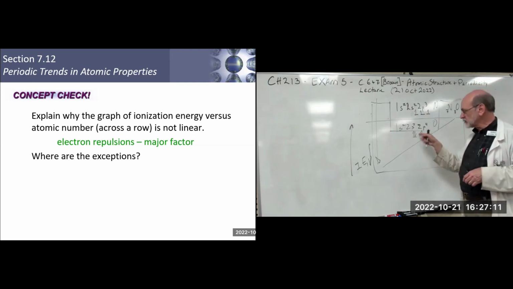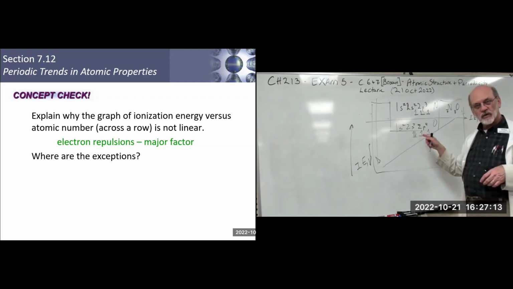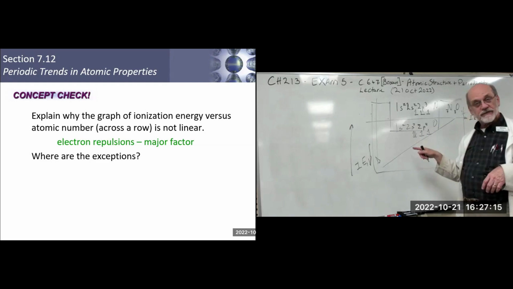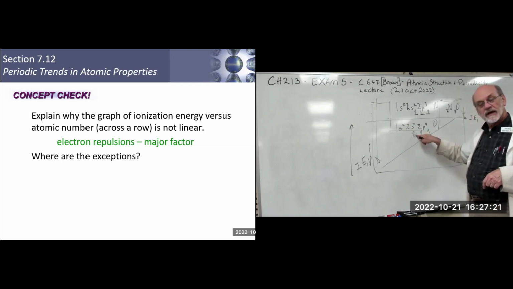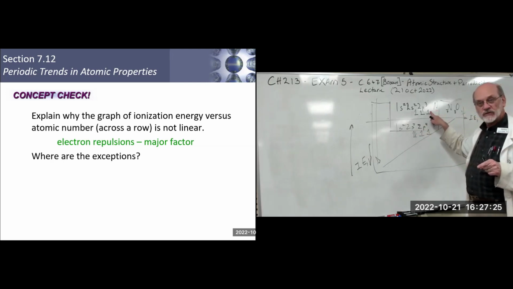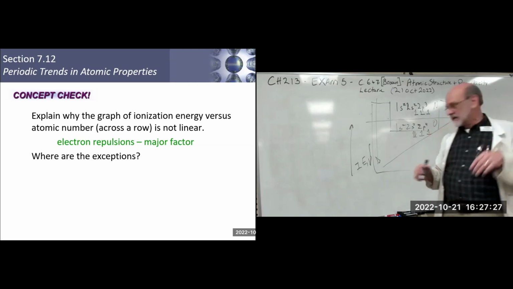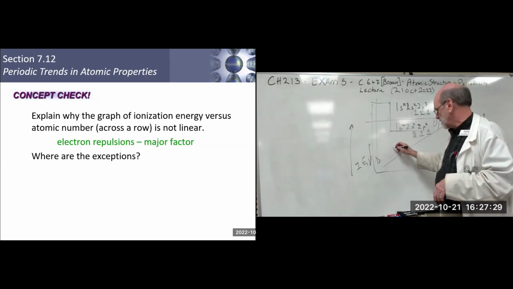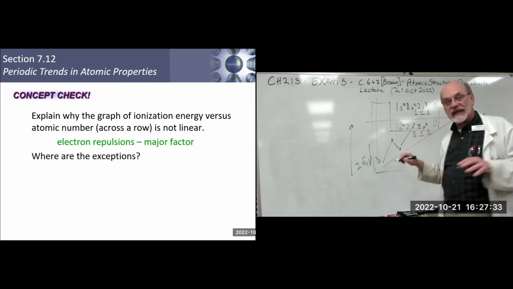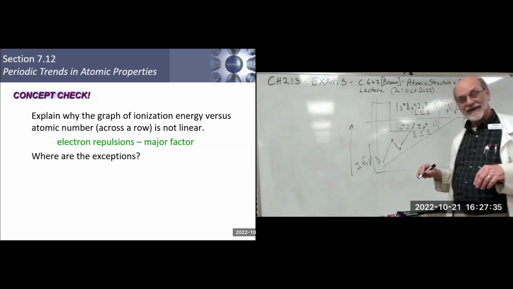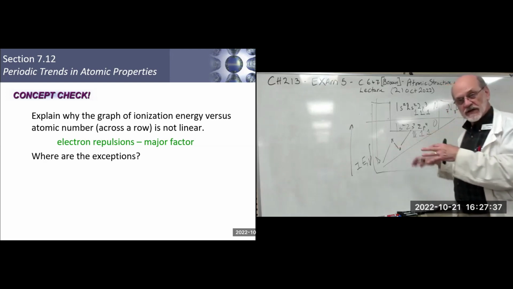When you start trying to force an electron into the same orbital with another one, even if it's opposite spin, there is repulsion. So this electron right here will take less energy to remove than that electron from nitrogen. That's why it goes up to nitrogen and then back down to oxygen before it starts up again. Okay, that explains nitrogen and oxygen.